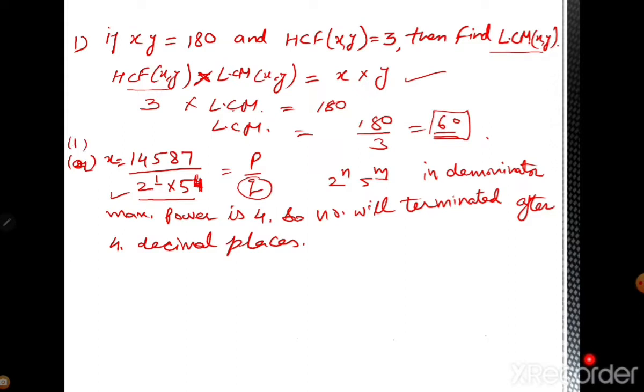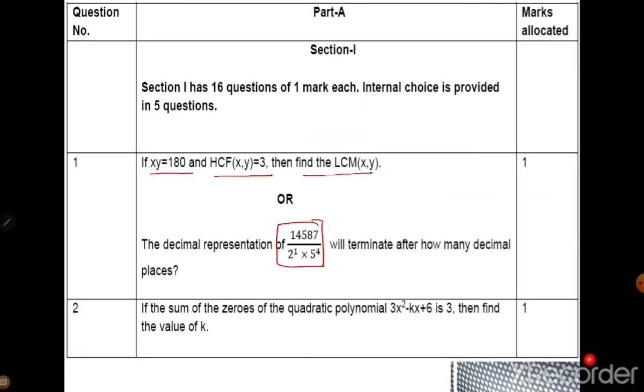Now we'll come to the second question. Our second question is, if the sum of the zeros of the quadratic polynomial, this one, is 3, then find the value of k. So here what is given? Sum of the zeros is given.